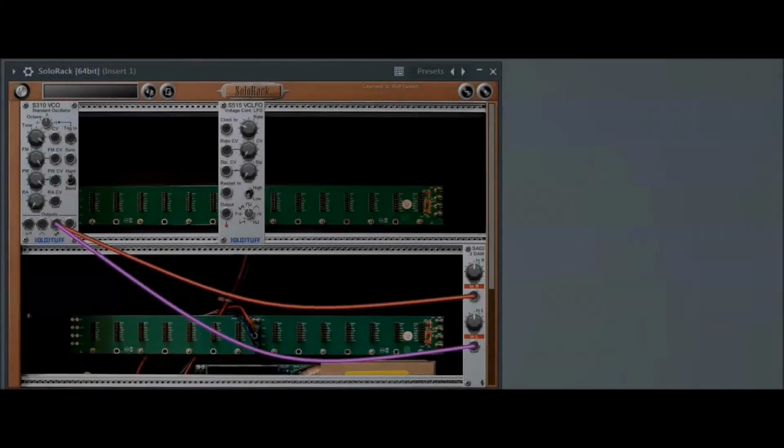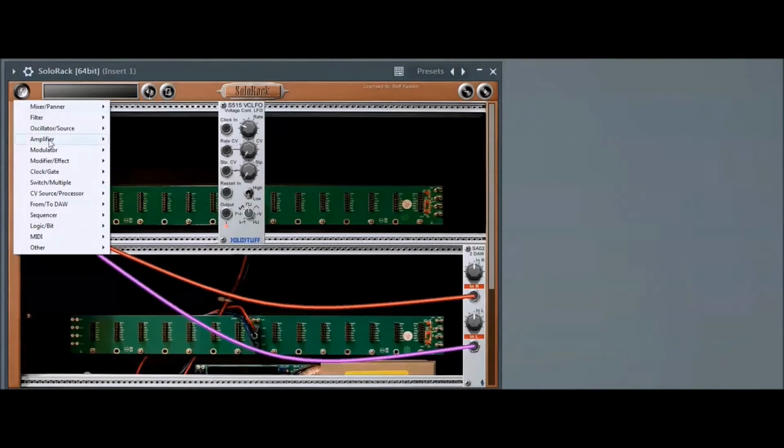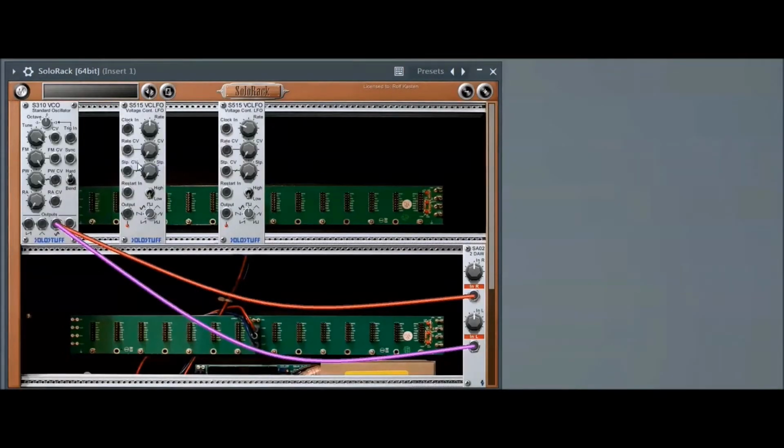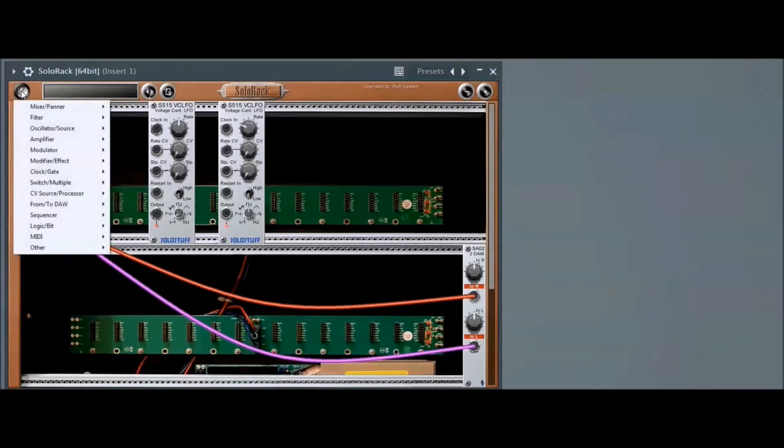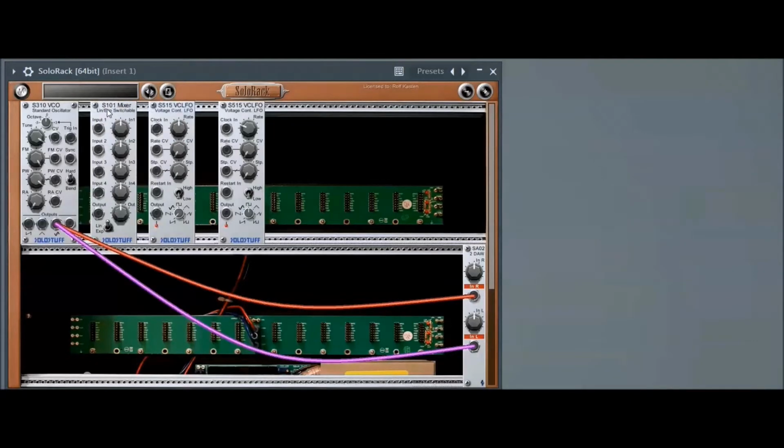I insert a second LFO running at a different frequency. The S310 VCO gets the trigger signals at different times now, and always when it gets an up flank it jumps 1 octave up, and always when it gets a down flank it jumps 1 octave down.